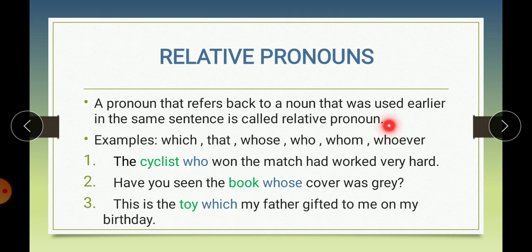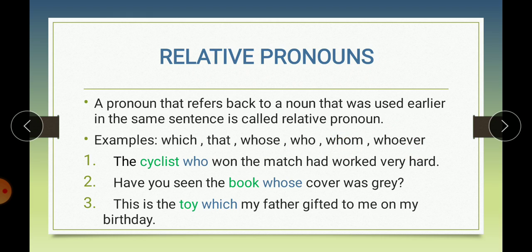That means अगर किसी सेंटेंस में हमने कोई नाउन यूज़ किया है एंड सेकेंड टाइम हम उसी सेम सेंटेंस में नाउन की जगह कोई प्रोनाउन यूज़ करते हैं दैट रिफर्स बैक टू द फर्स्ट नाउन, then that is known as a relative pronoun. Like which, that, whose, who, whom, whoever. They all are relative pronouns.